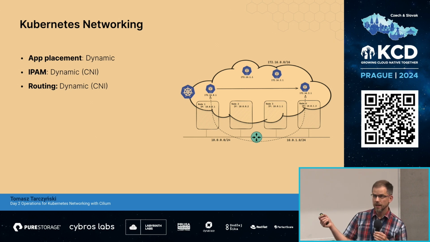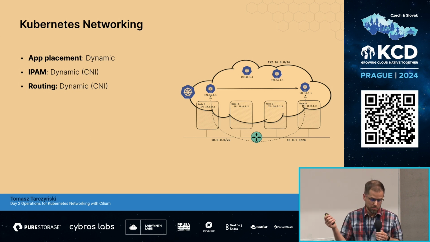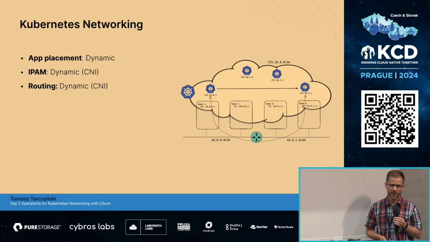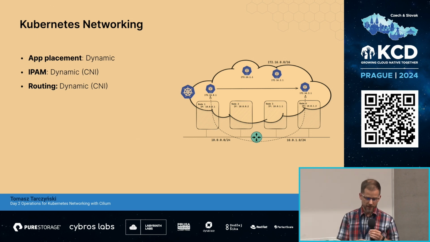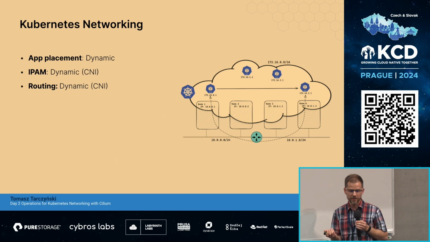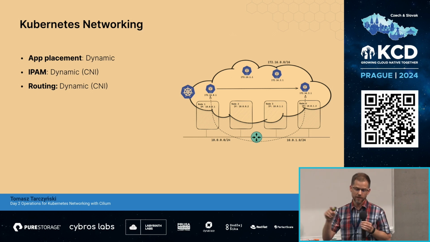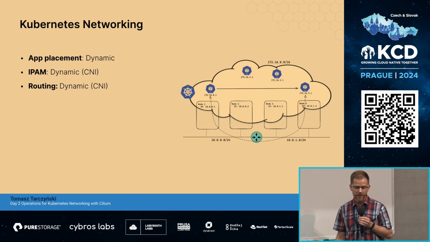Where they exactly run, we don't really care so much because it's all dynamic. So somewhere on those hosts, but we don't know anymore where exactly. They do have IP addresses, one per pod, but it also happens automatically, dynamically for us. Thus, routing connectivity between those applications needs to happen dynamically as well.